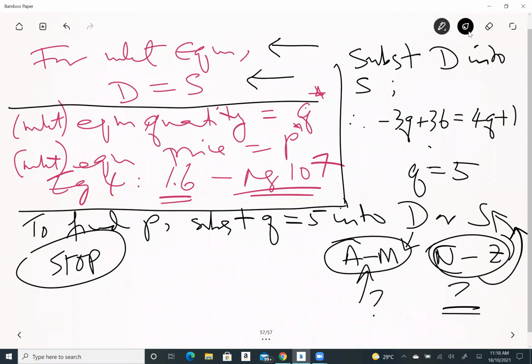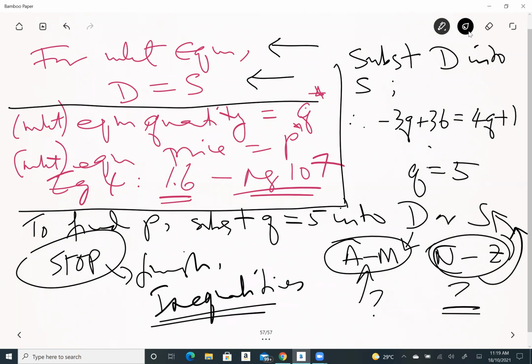After that, we'll go on to topic number 2, linear programming. Then we're going to move on to the inequalities. If you have time, you can tengoklah inequality itu. Wednesday kita bincang.